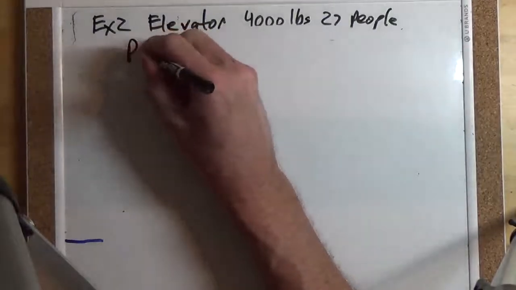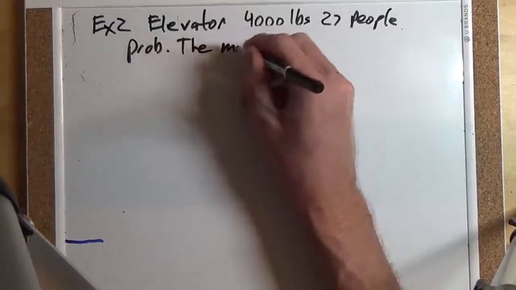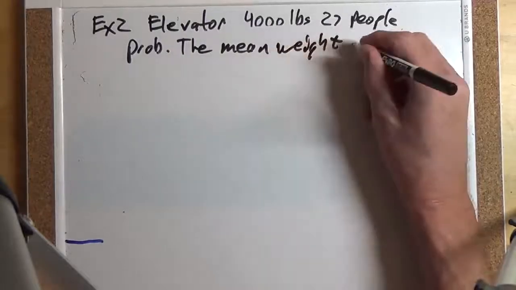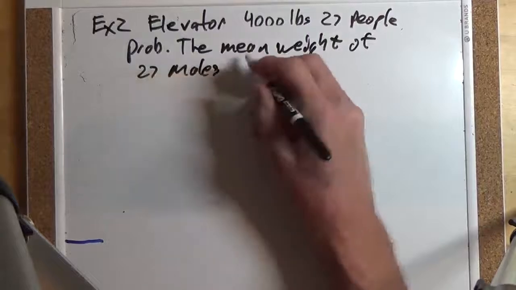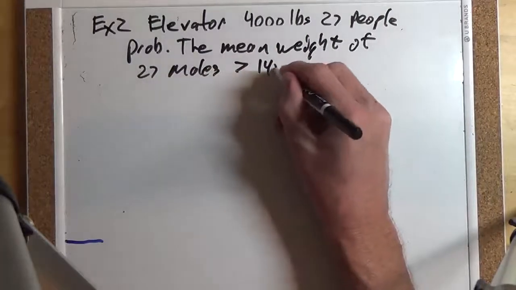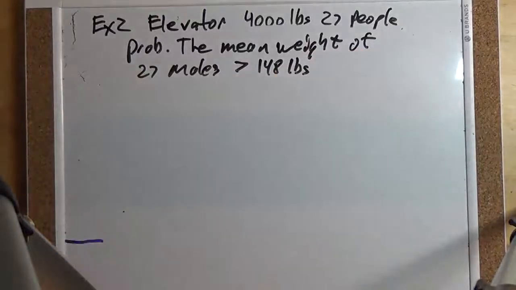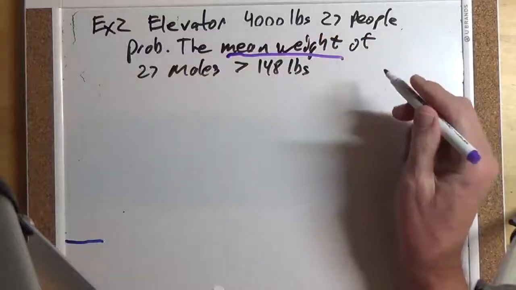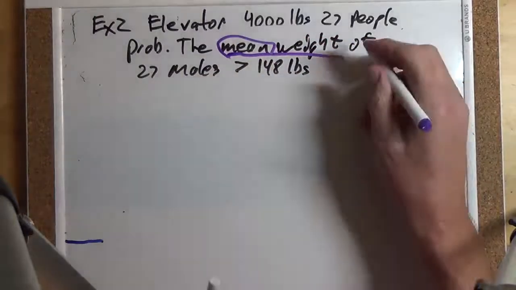What's the probability the mean weight of 27 males is greater than 148 pounds? This is key because now we're not using individuals. Now we're using a sample because we're looking at the mean and not just the weight of a single person.